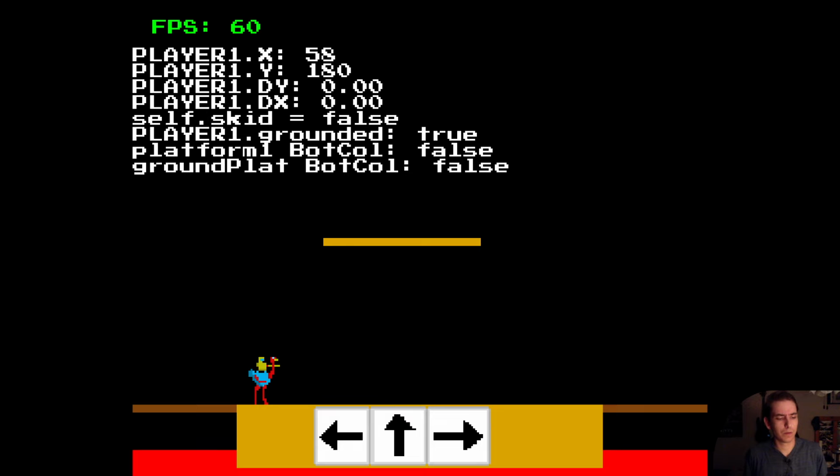So one thing I'm thinking of is, if we have a right collision detection, instead of saying, hey, give your DX the opposite of what your DX was when you just did that collision, we know that if it's a right collision, we need our DX to be negative now.